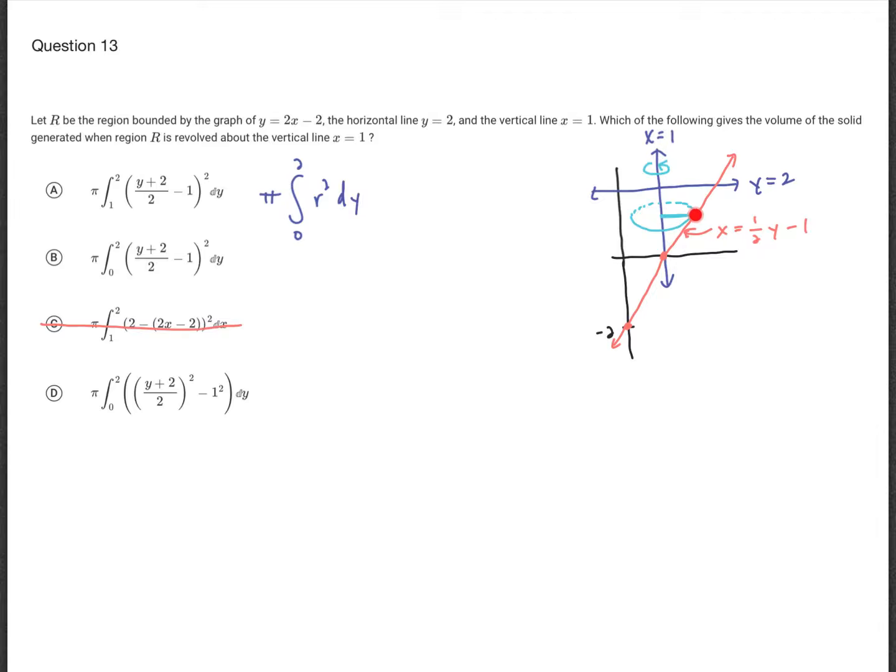Okay, so if we look at this radius, first off, this whole distance from here to the y-axis is this function, but we have to minus an extra 1. So it's really this function minus 1, which will be a half y minus 2. So that's our radius.